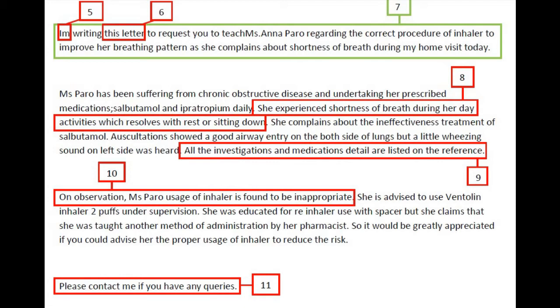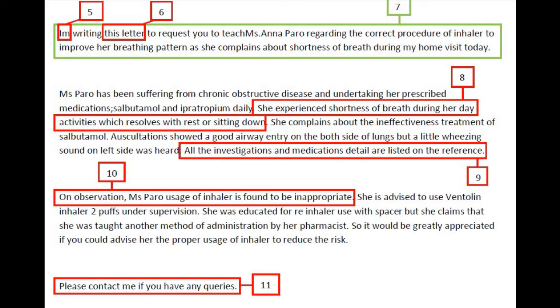Here it says she experienced shortness of breath means she experienced it for just one time, but which resolves with rest or sitting down is framed in simple present tense. However, the previous part is framed in simple past tense. So you can rewrite the sentence into: she experiences shortness of breath during her day activities which resolves with rest or sitting down, which is now in proper tense.